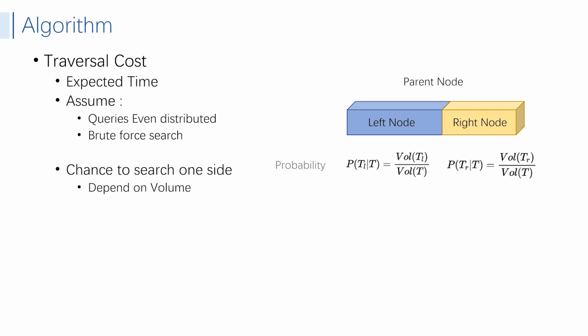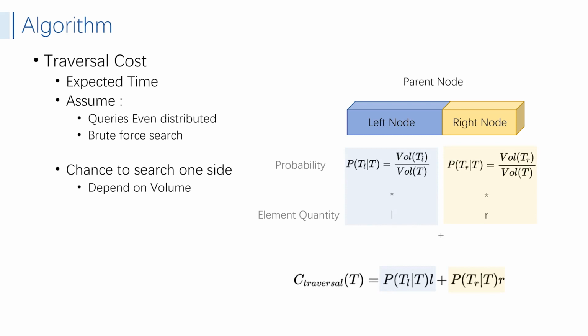Note that the AABB does not tightly pack the elements in the node. It just depicts the boundary of the node, but not the elements. And after splitting, we also assume we search each node with brute force. Finally, to calculate the expected computation time, just multiply the probability and element quantity together. Then we will obtain a simple traversal cost.